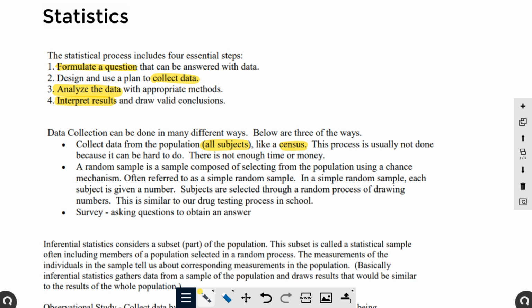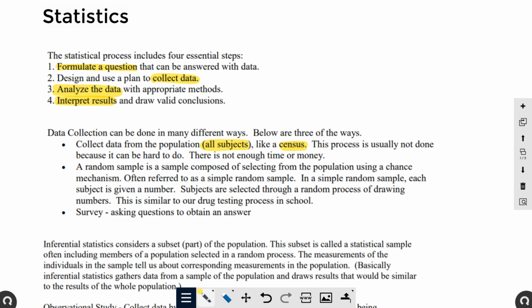Now back to this. It's a hard way to do that, right? Imagine you wanted to get a census of every single student at this school. Would it take you a short amount of time to do that? You could find all the seniors who only come here one period a day. You could go and track down people who are out sick or who don't always come to school.